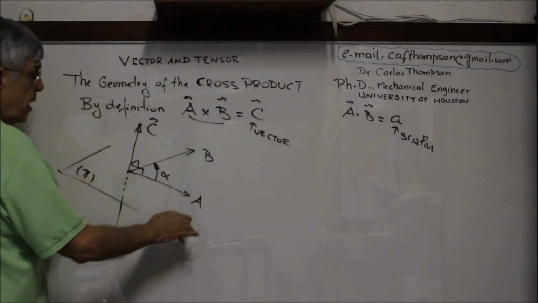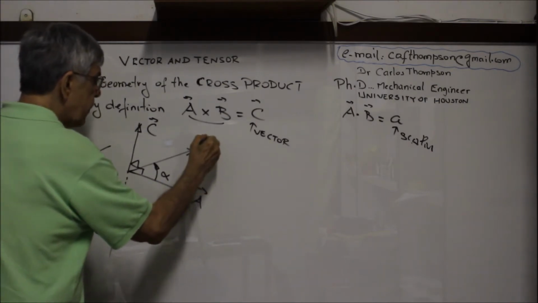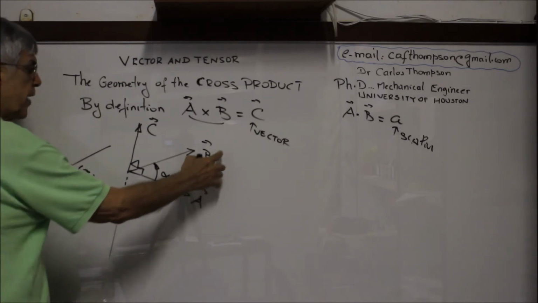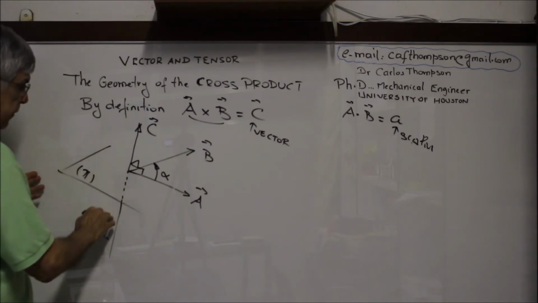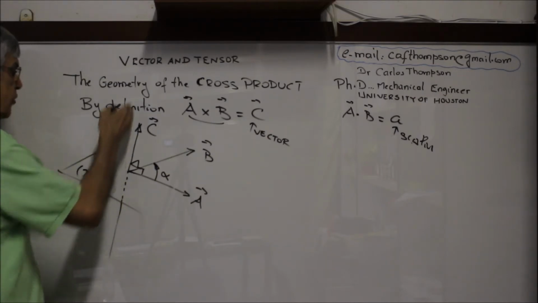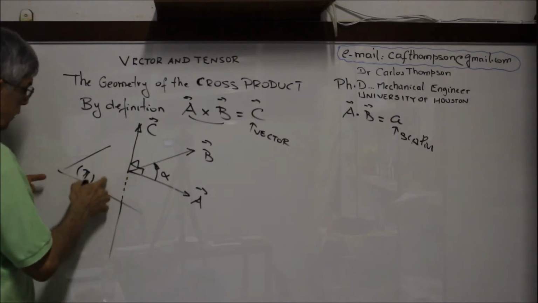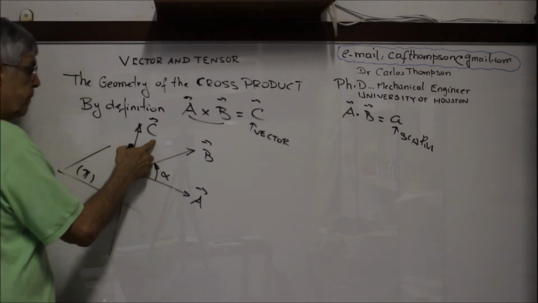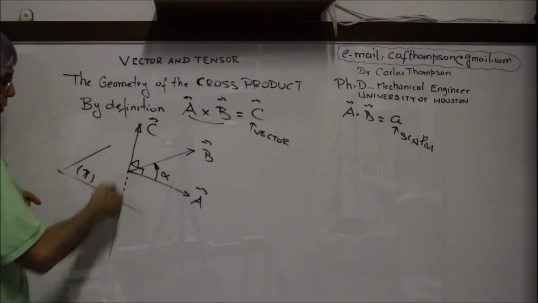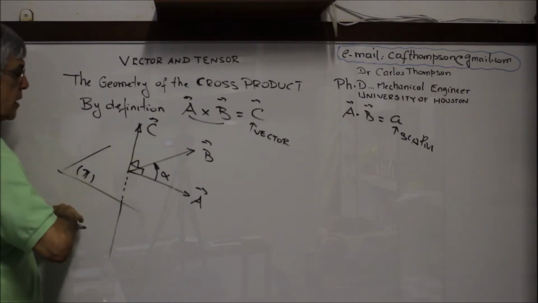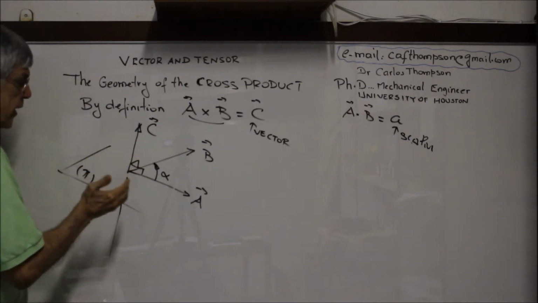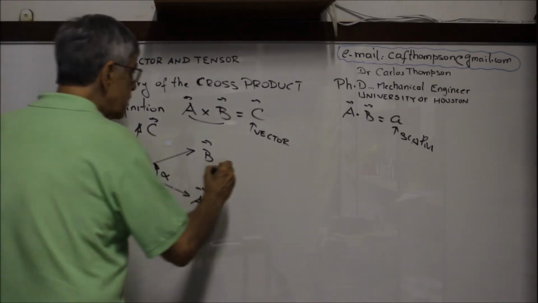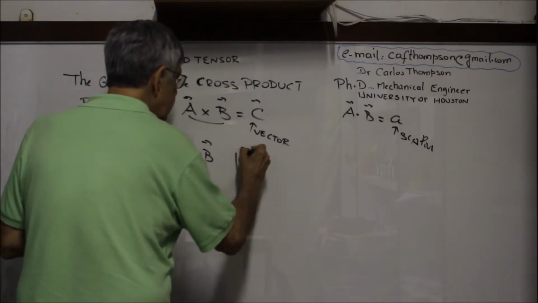Okay, repeating: vector A and vector B lie on a plane. There is a straight line perpendicular to this plane, and vector C lies on this straight line, in the direction that obeys the right hand rule, A to B is C. Now, what is the magnitude of vector C?